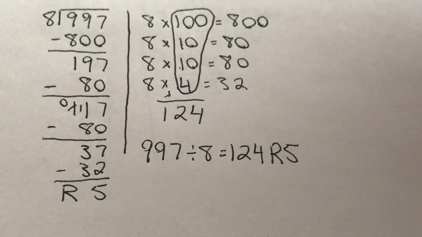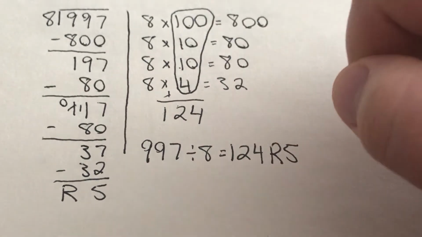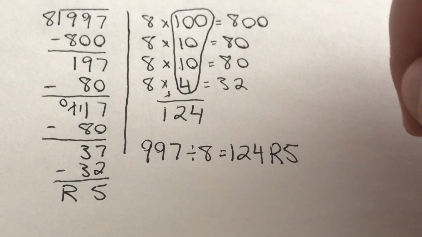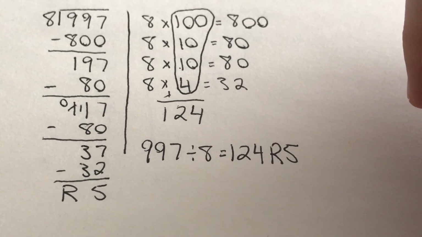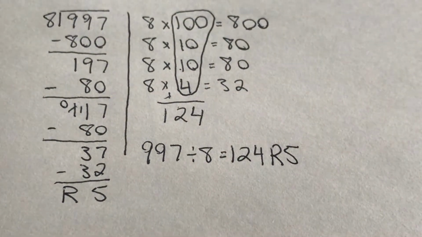You don't have to know all of your multiplication facts necessarily to be able to do these problems, and that's what this method allows you to do. But if I had known that 8 times 20 is 160, that definitely would have made my problem much shorter.